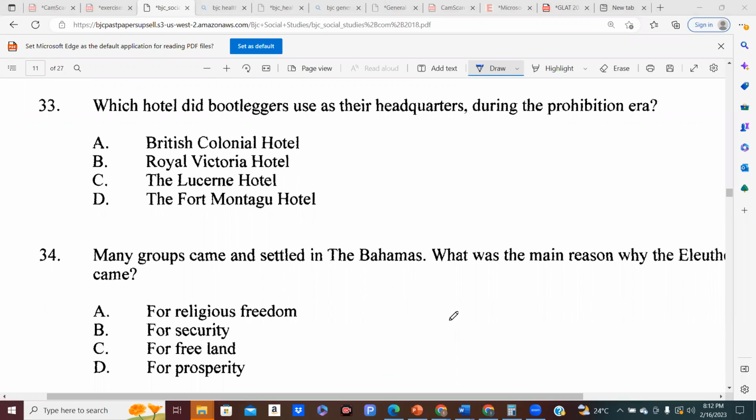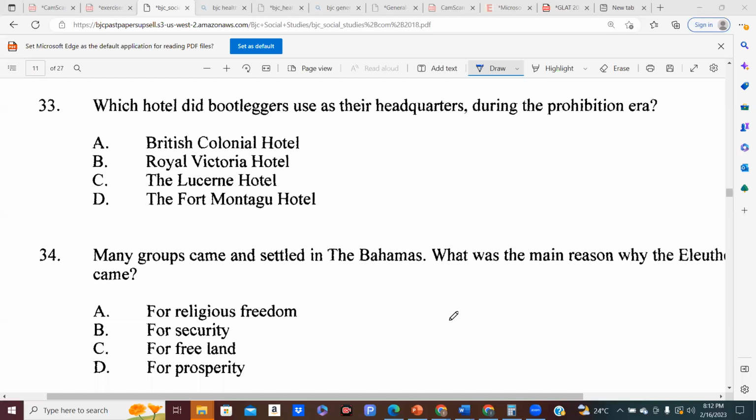Prohibition. So read the sentence again, please. Which hotel did bootleggers use as their headquarters during the prohibition era? Good. Prohibition era. Read the options, please.